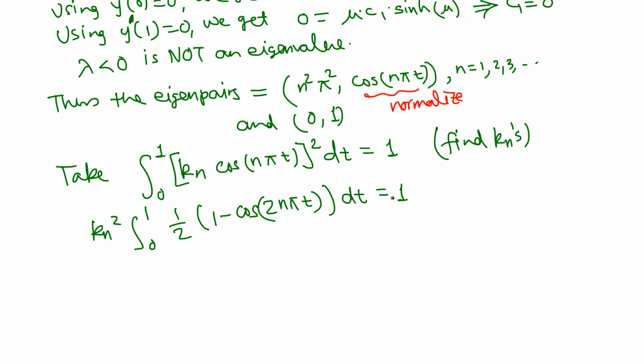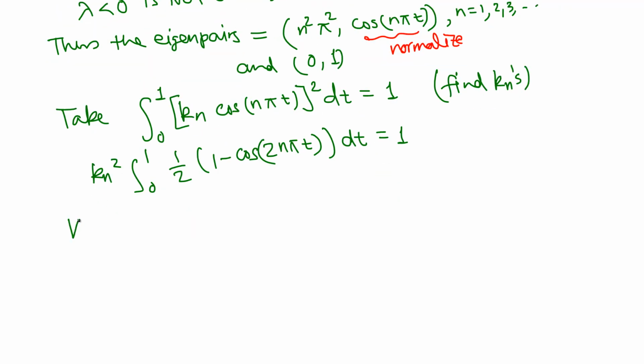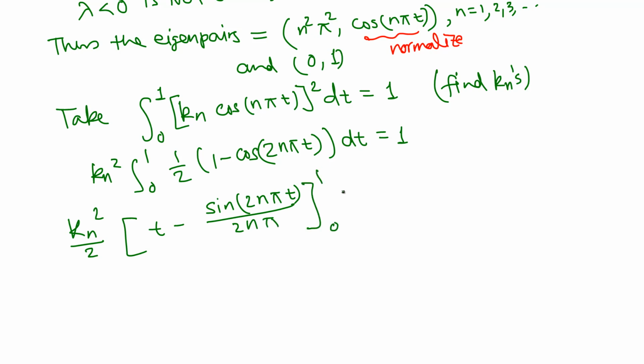Kn squared, 1/2 can be pulled outside. Now let's integrate. The antiderivative of 1 is just t, and the antiderivative of cosine is sine 2 n pi t, divided by 2 n pi. Now we go from 0 to 1, and we want this to be 1.